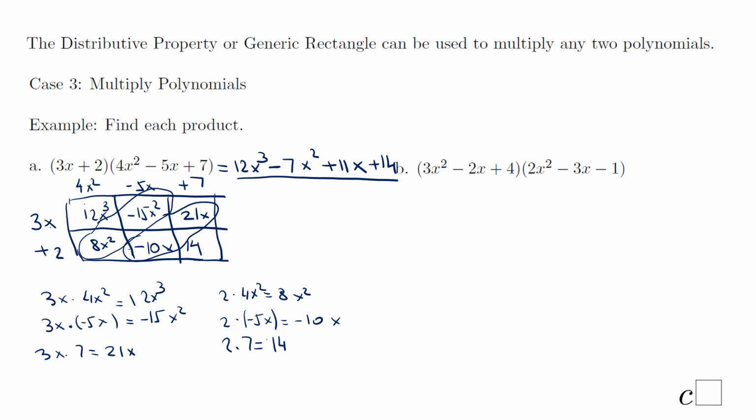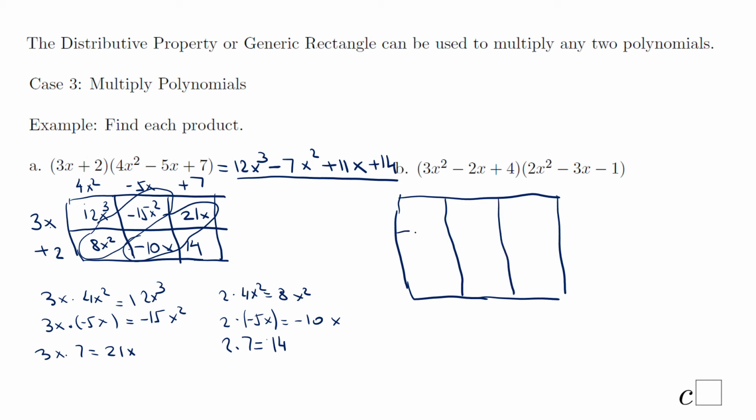Look at here, we have a 3 by 3, a trinomial times a trinomial. So let's see how that looks. Okay, it's going to be kind of a larger square with 3 columns and 3 rows. And I'm going to put here 3x squared minus 2x plus 4.